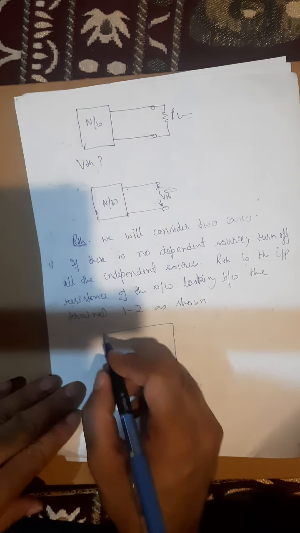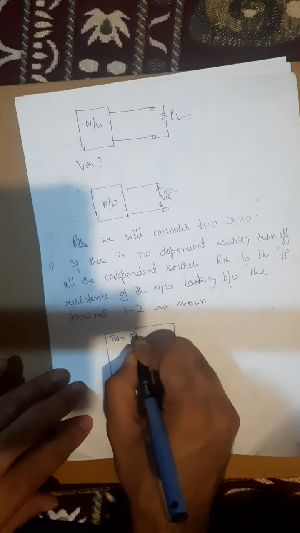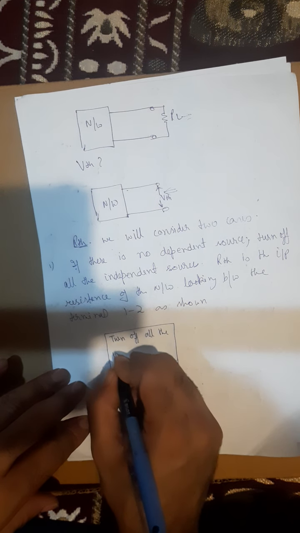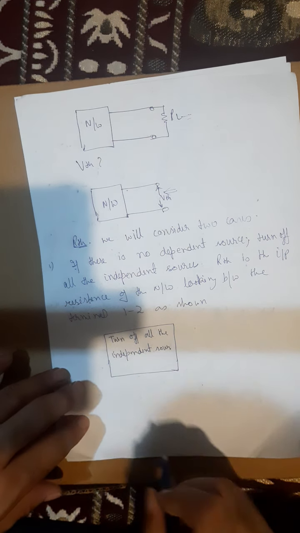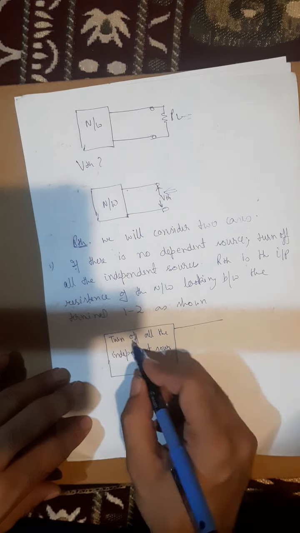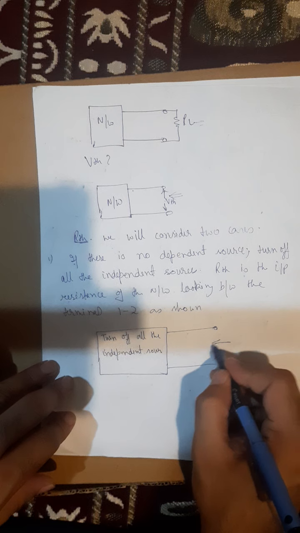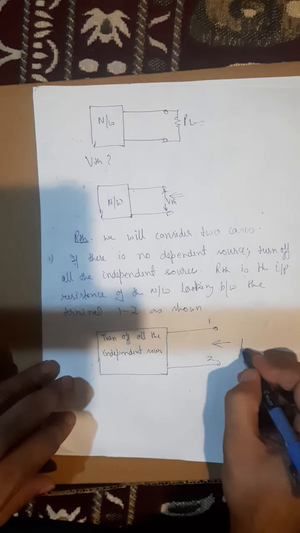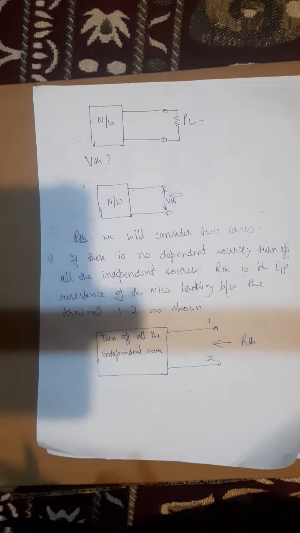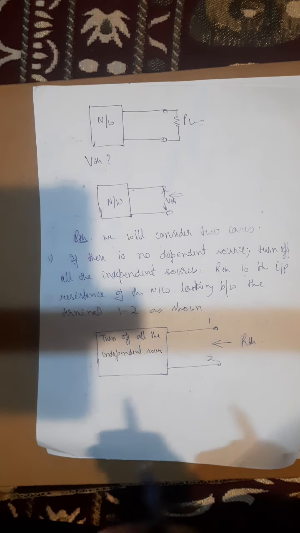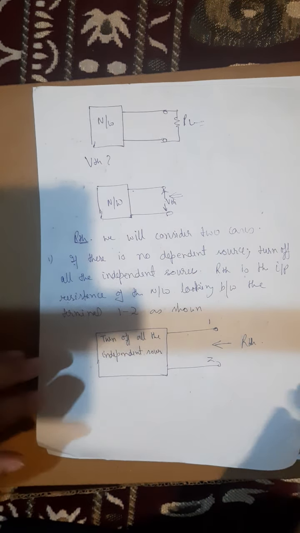So what we do is turn off all the independent sources, and then we see what is the resistance between terminal 1 and 2, and it will give me RTH. So this is the first case with no dependent sources, but there we can have some circuits where we can have dependent sources as well.